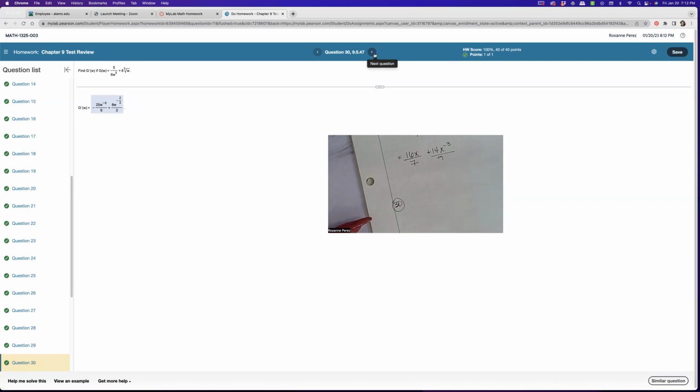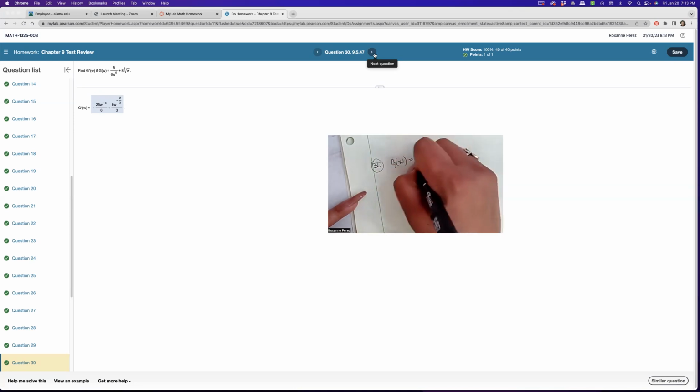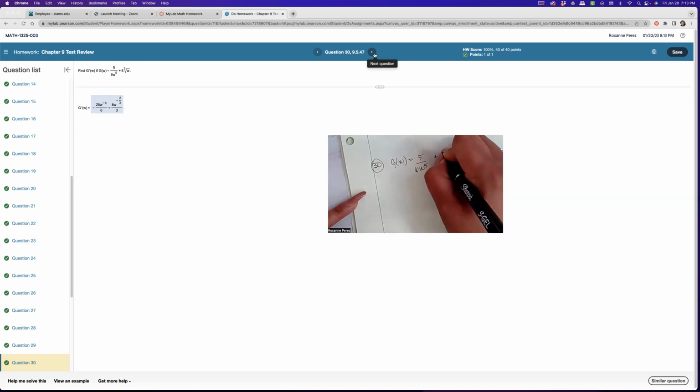Now question 30. Same thing. Give g prime of w if g of w equals all those random terms. And we're going to work through all these and simplify it a lot. Okay, so g of w equals 5 over 6w to the 5th power plus 8 and the cubed root of w.